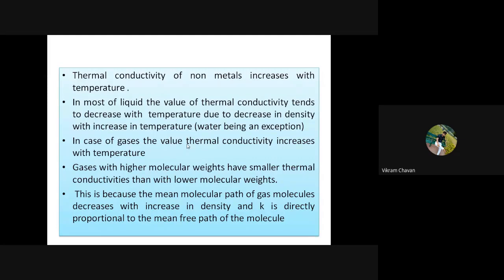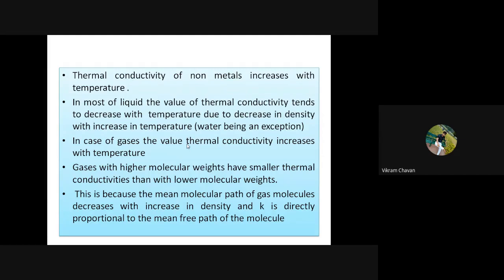If you don't want to reply, let it be. In the kinetic theory of gases chapter, there is one terminology, mean free path or mean molecular path.